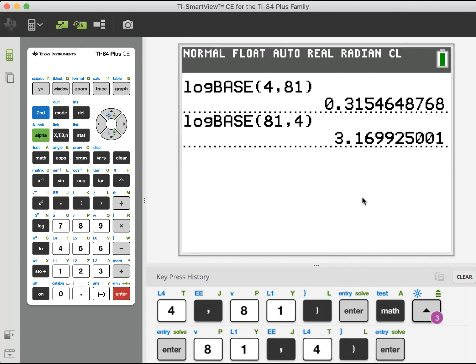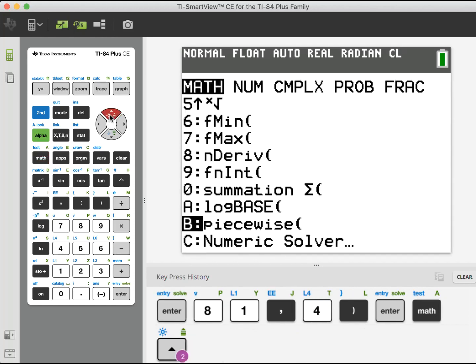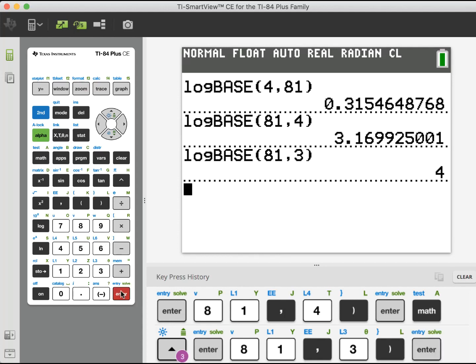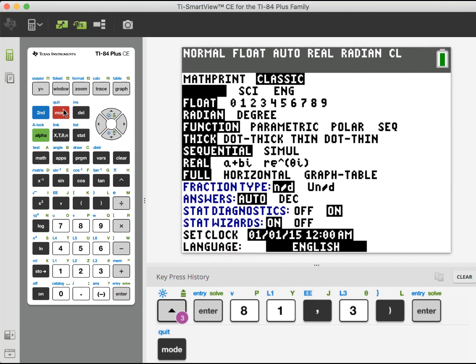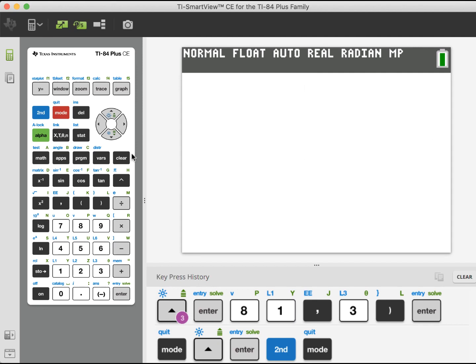And there you go. So that does work that way. The base is the last one when it's written in this form. I don't like this. Just make sure that you're in math print. It's so much easier.